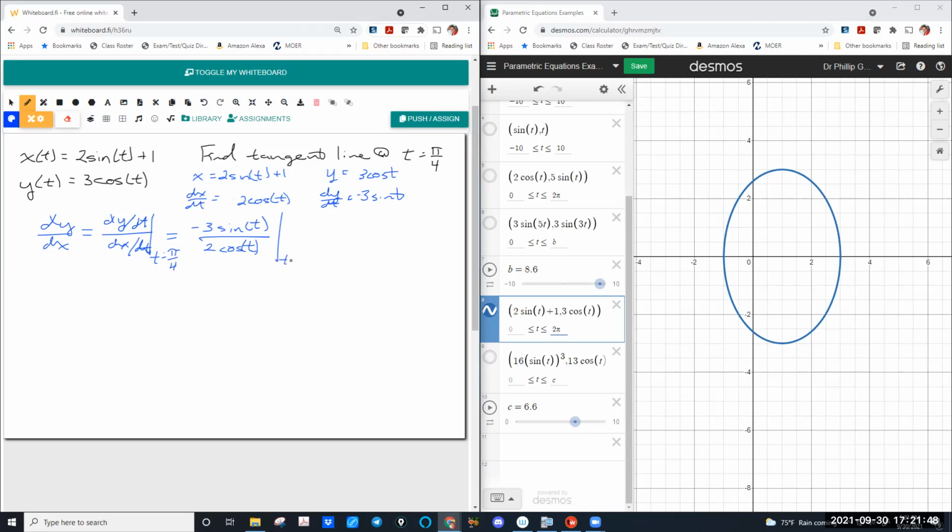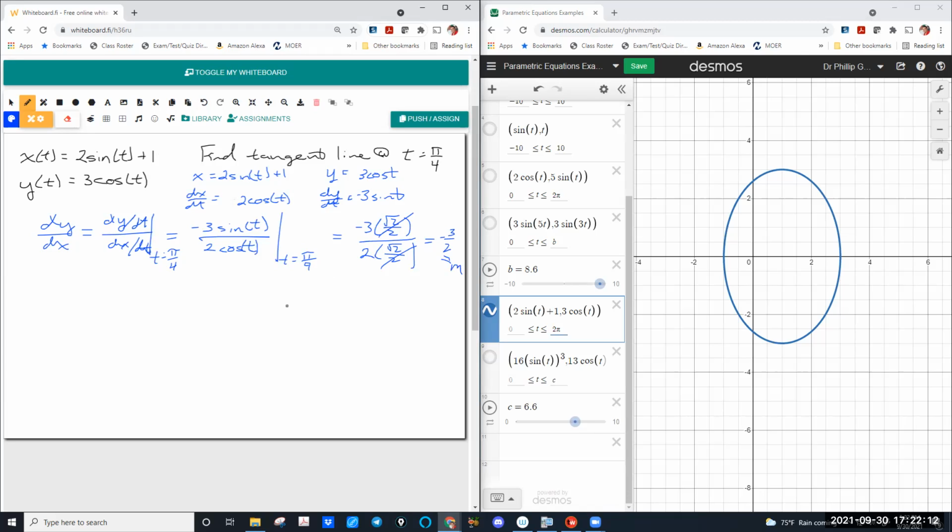We're going to evaluate this at t equals pi over 4. So we get negative 3 times rad 2 over 2 over 2 times rad 2 over 2. How nice, those cancel. And there's our negative 3 halves. That is going to be the slope of our tangent line.